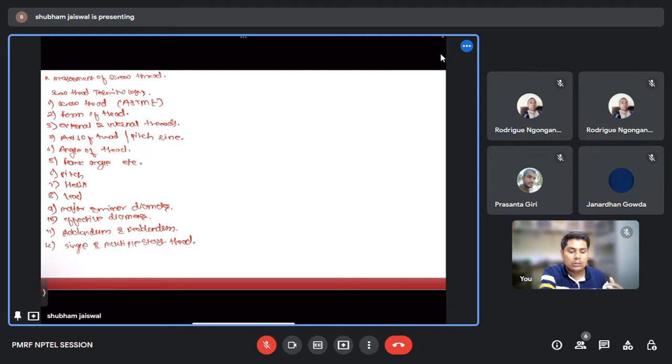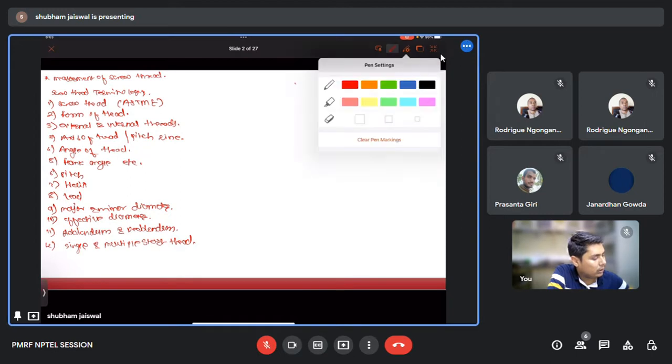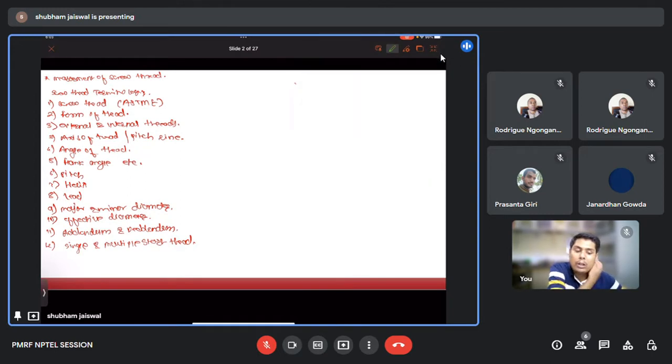And then after that we have seen the measurement of the screw thread.